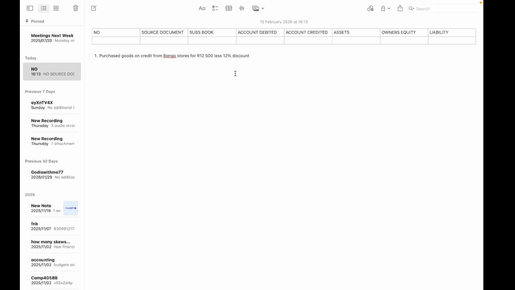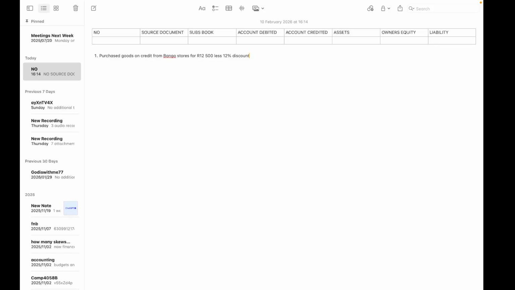So what's going to be affected? If we buy goods on credit, what is going to be affected is our creditors control or our payables, because those are liabilities. They are people from whom we took goods but have not yet paid. So it's a liability. And where do liabilities increase? Liabilities increase on the credit side.